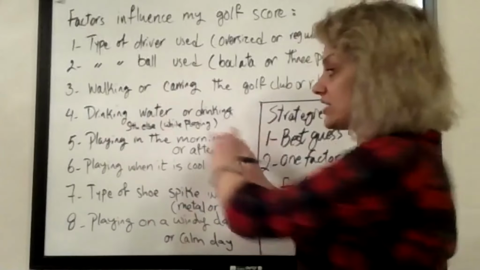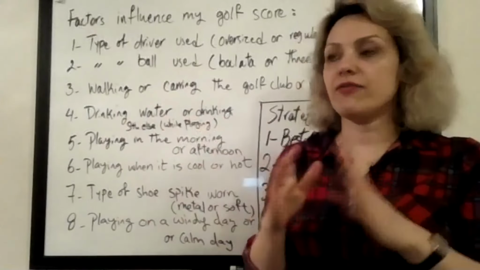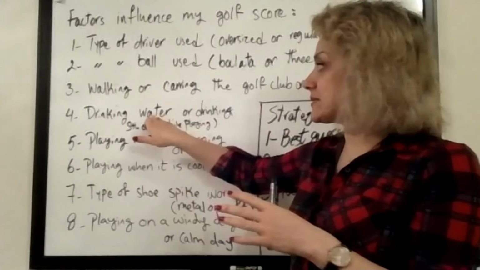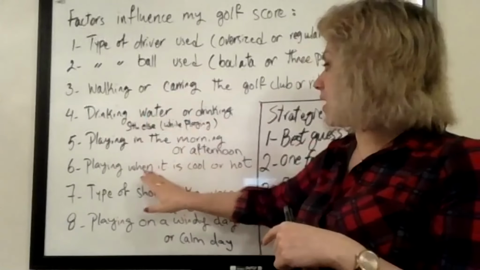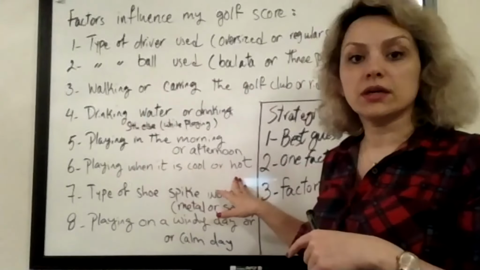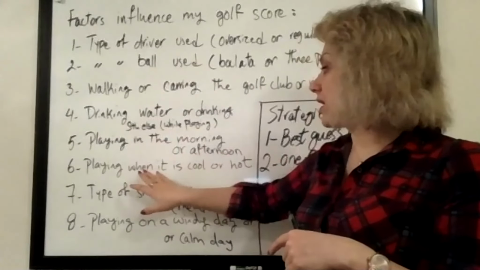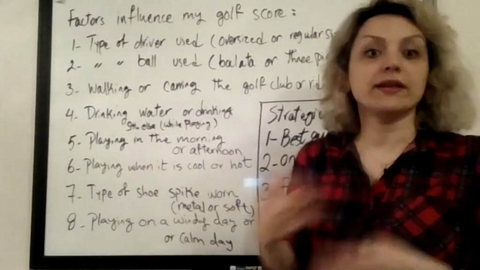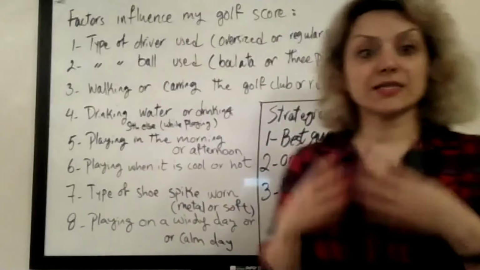So I will change these two factors at the same time, together. I would match drinking water with playing when it is hot, or doing something else when it is hot again, or when it is cool. So this one is the factorial experiment.